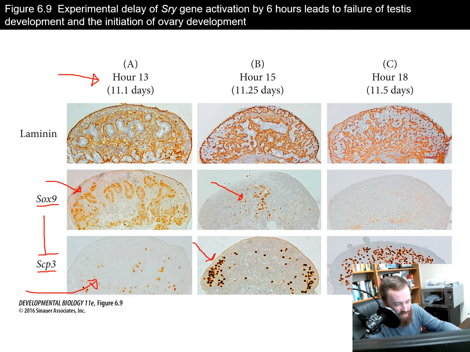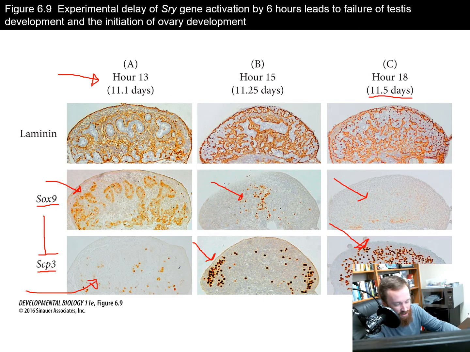So we're not getting proper wild-type testes formation because we're missing our window. And then if we move it back another 3 hours to 11.5 days and heat up the sample to allow expression of SRY, we see that we've missed our window, and now SOX9 isn't expressed at all, and instead SCP3 is expressed.